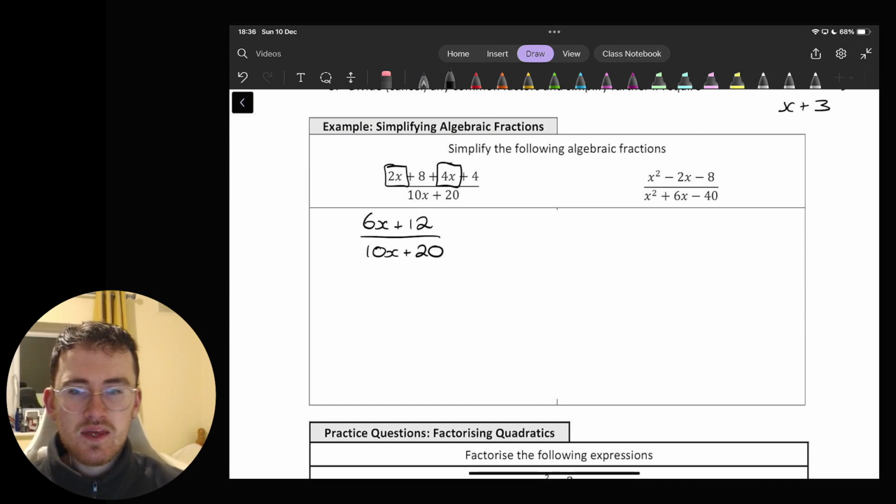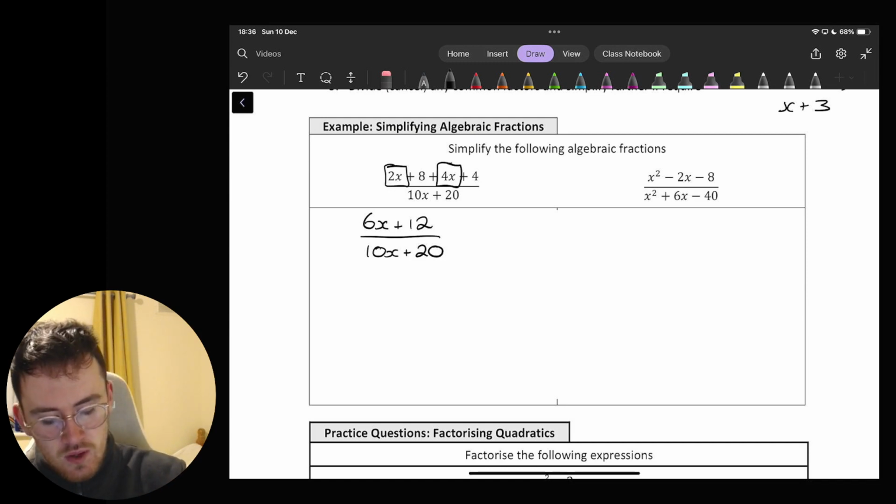Our next step then was to do any sort of factorizing. Looking at the question, I don't think there's any quadratics, there's no difference of two squares, there's no grouping, there's only two terms. Grouping we need 4. So I'm thinking highest common factor. On the top, I think there's a highest common factor of 3, which is going to leave me with 2x plus 4.